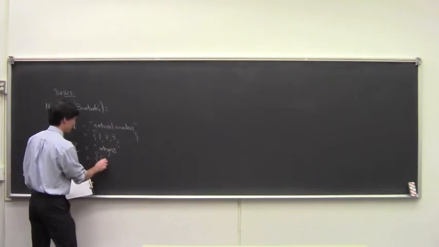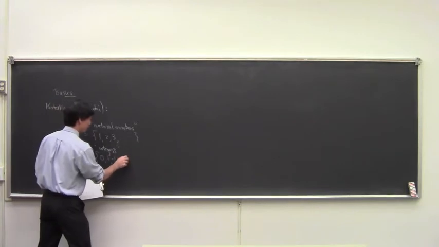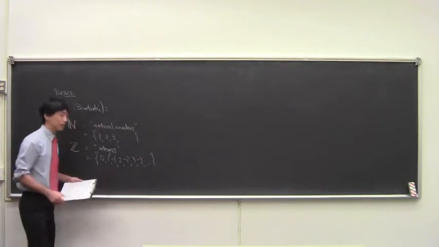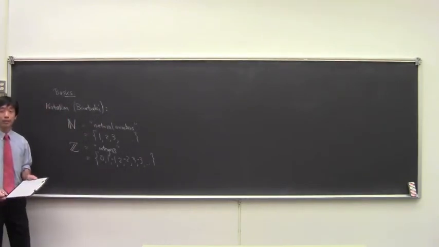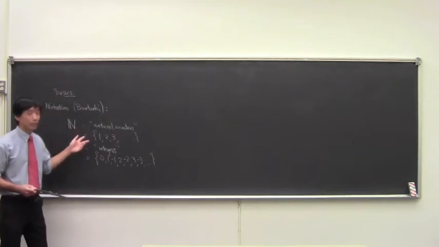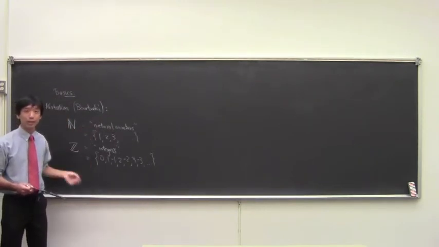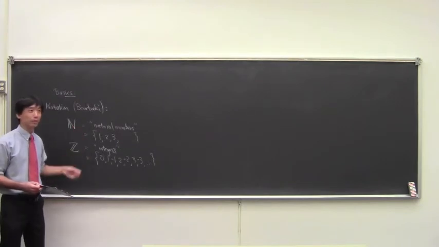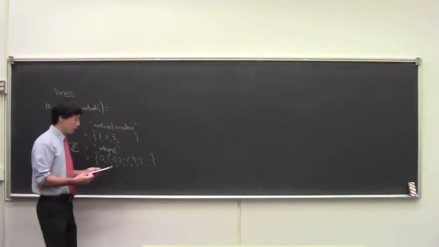So let's say 0, 1, negative 1, 2, negative 2, 3, negative 3, etc. Right? So it's the integers. I should say that some people count 0 in the natural numbers. Most people, I think, start the natural numbers from 1.